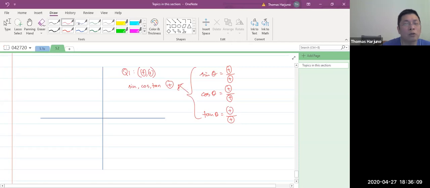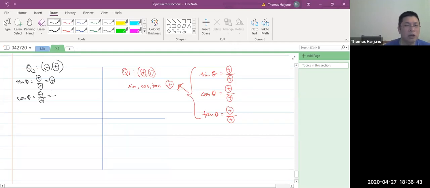However, in quadrant 2, the x is negative while the y is positive. So sine in quadrant 2 will be y over r. The y is positive, the r is always positive, so that will be positive. However, cosine theta will be x, which is negative, over r, which is always positive.